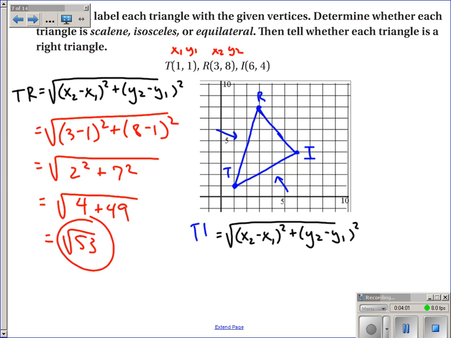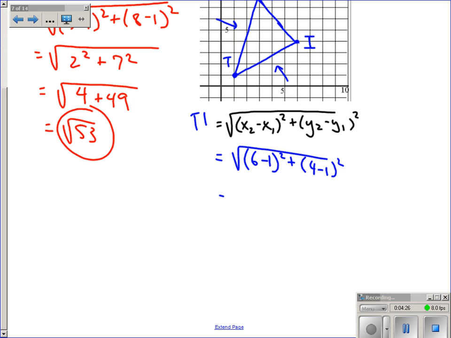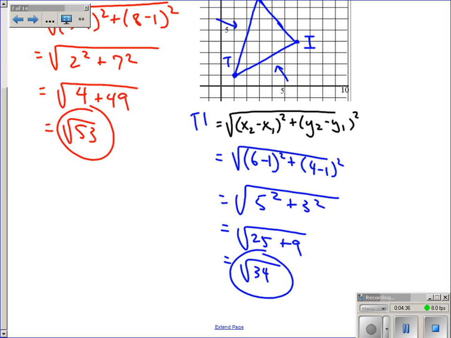Now to find the length TI, I will call this x1, y1, and this x2 and y2.